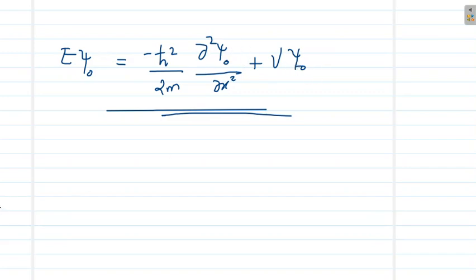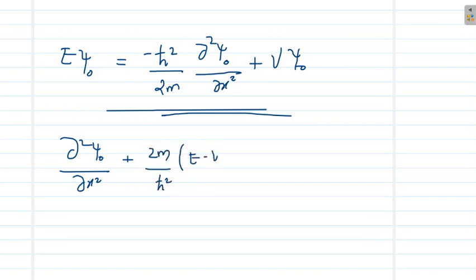So let us modify this equation. It is ∂²ψ0/∂x² plus 2m/ħ² into (E minus V) into ψ0 is equal to 0. So just rearrange the terms. First bring the Vψ0 to the other side, so that the equation will become (E minus V) into ψ0. Then take 2m/ħ² to the other side and rearrange the terms.